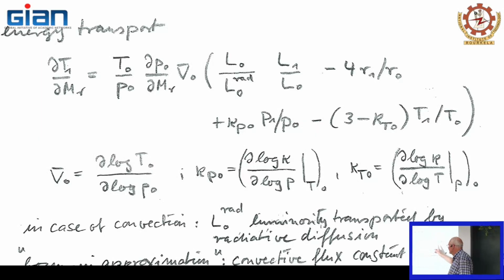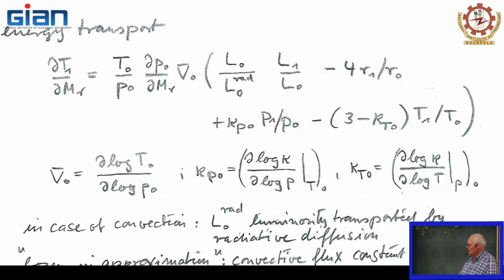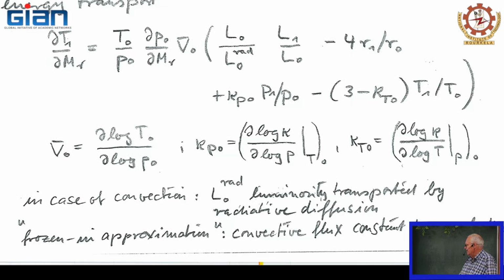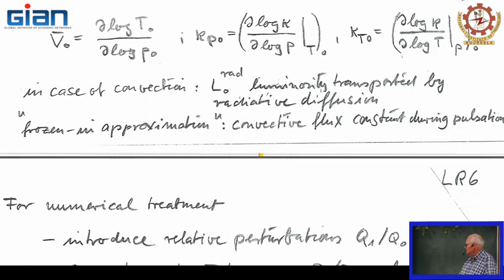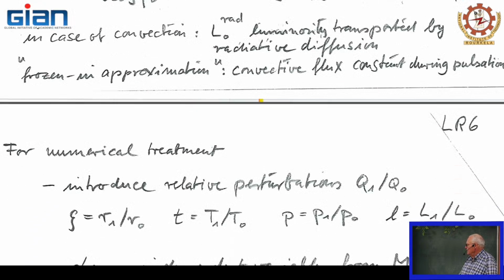We have already done it here. We refer to the relative perturbations in terms of P1 over P0 or T1 over T0. That means we take the ratio of the perturbations and the background model, and this for all quantities occurring here. Okay, this is the first one.